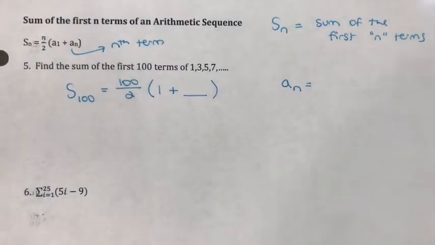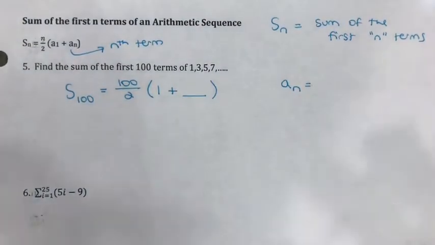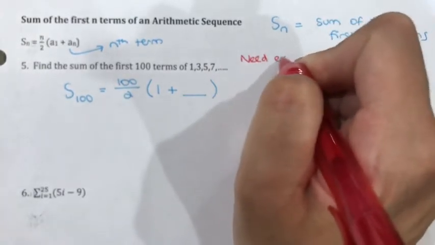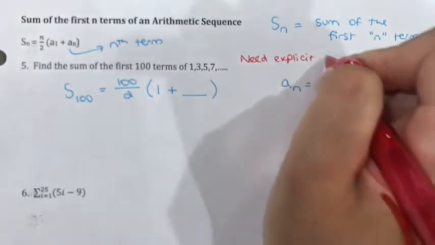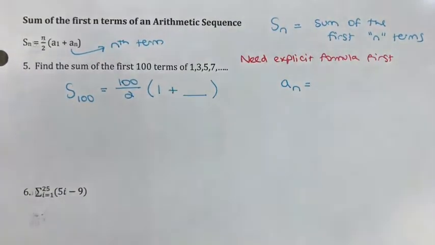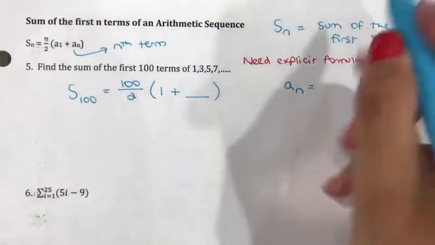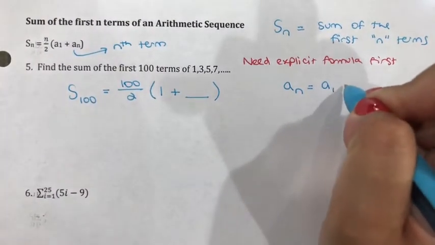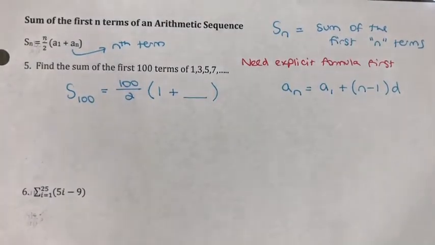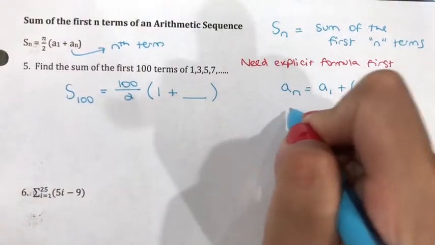So what we need to do is find, actually let's write this over here. We need the explicit formula first. Okay, so my explicit formula is a sub n is my first term plus n minus 1 times the common difference. So I know the first term.